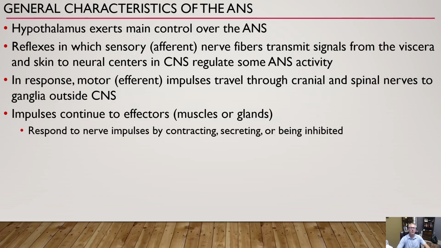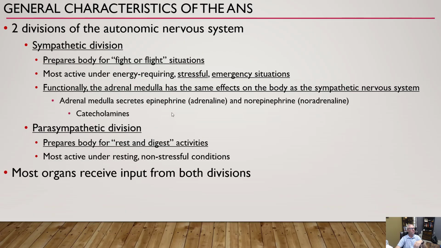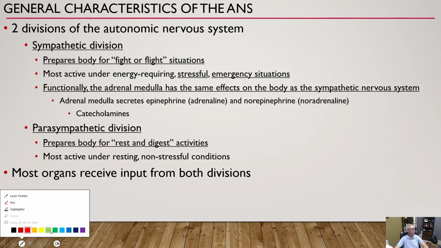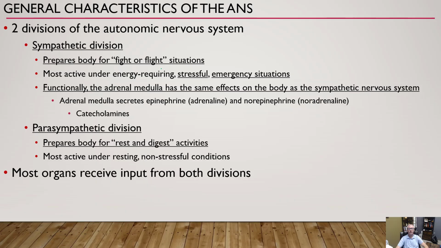All right, if you remember, we have two divisions of the autonomic nervous system: the sympathetic nervous system and the parasympathetic nervous system. The sympathetic nervous system prepares the body for fight or flight situations, adrenaline pumping situations, stressful situations, emergency situations, situations that require energy.